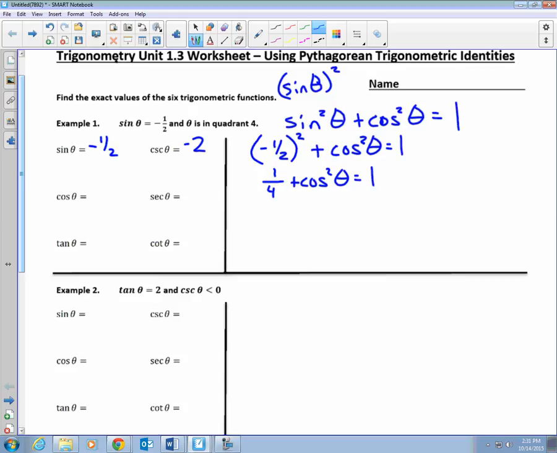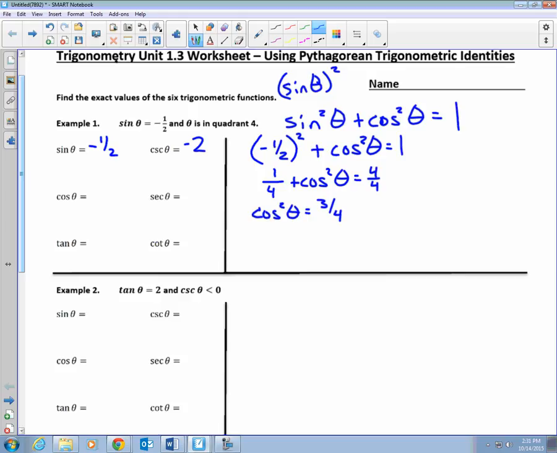Subtract 1. I'm going to rename 1 to be 4 over 4. If I subtract 1 to the other side, what do I get? Because I want to subtract and make common denominators. Yep, 1 is the same as 4 over 4. 3/4.